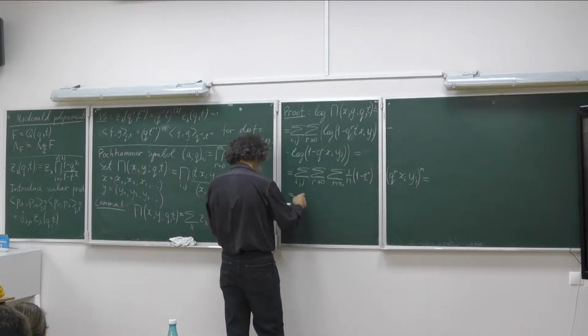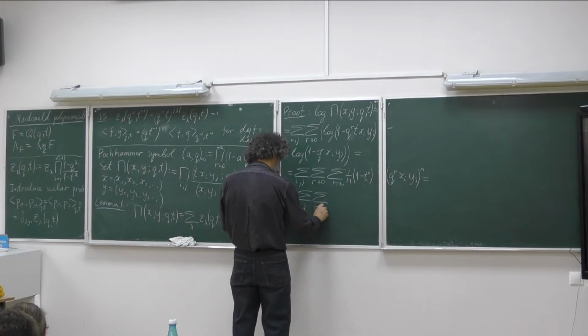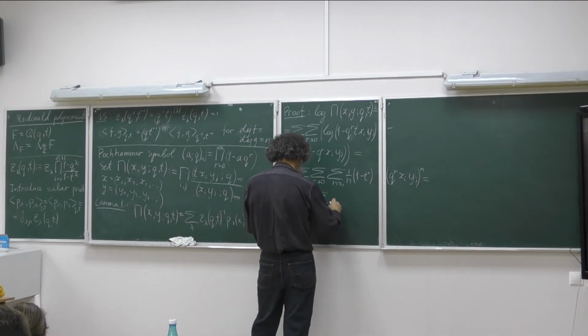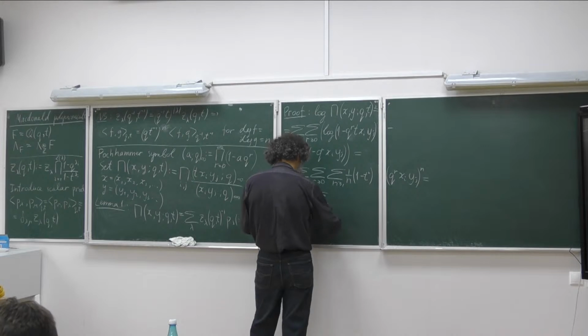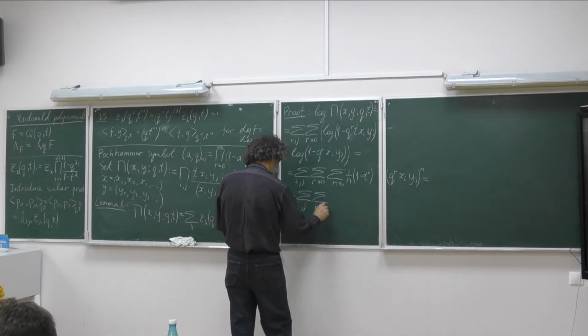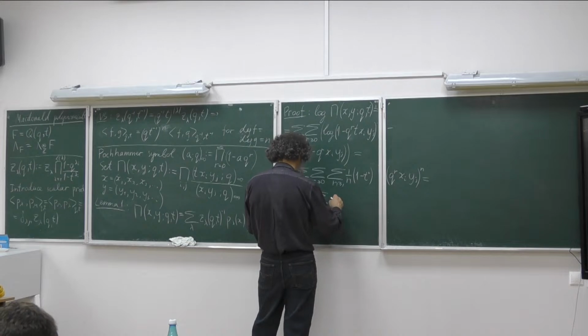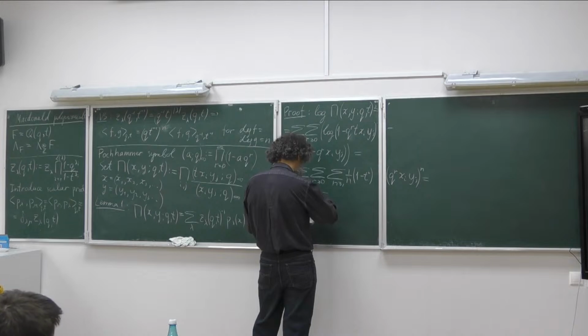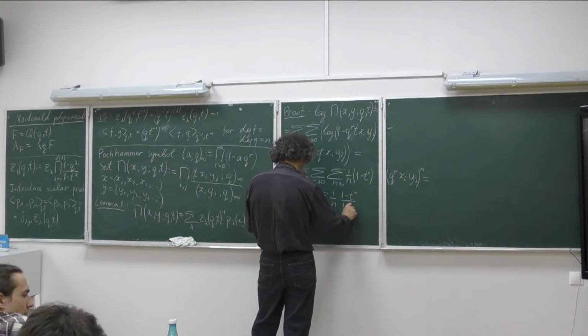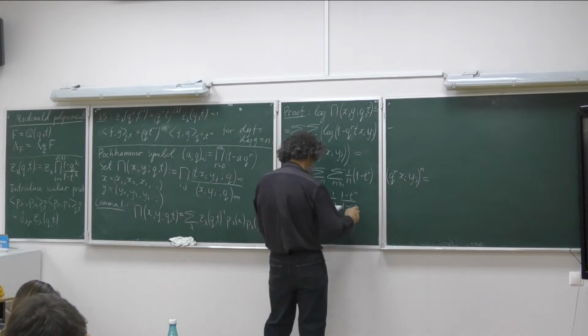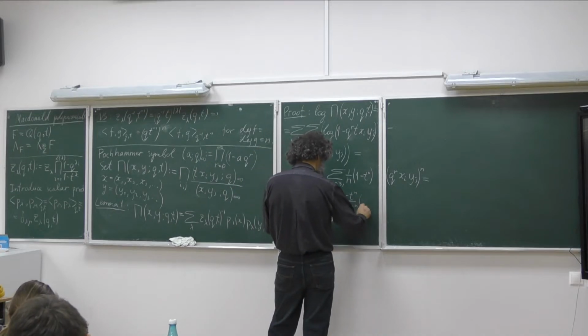So this is the sum over i and j, over n rather, n bigger than or equal to 1, of 1 over n, 1 minus t to the n over 1 minus q to the n. So we summed up the geometric progression, x_i y_j to the power n.